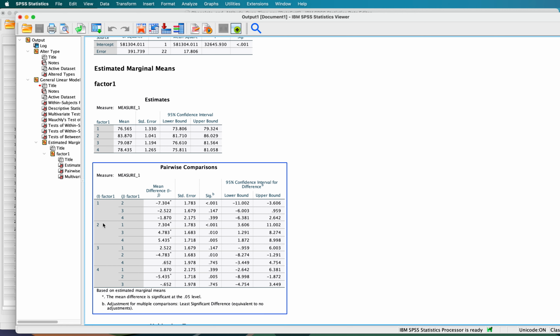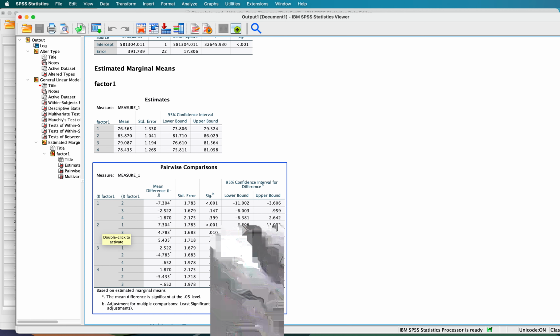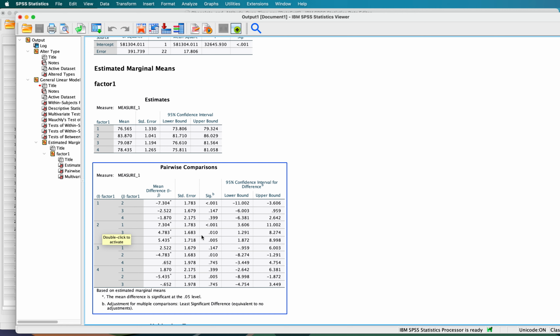So if we look at test 2 and test 1, which we've already compared, we do see that significant difference. Between test 2 and test 3, which is the 5 minutes after and then the hour after, we have 0.01, which is less than 0.05. So we did see a significant difference between test 2 and test 3.